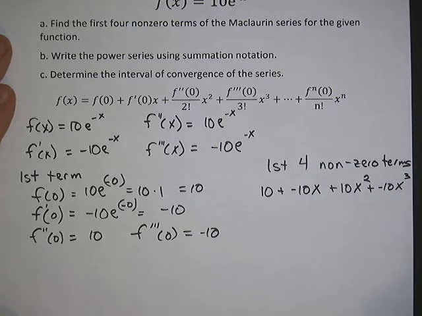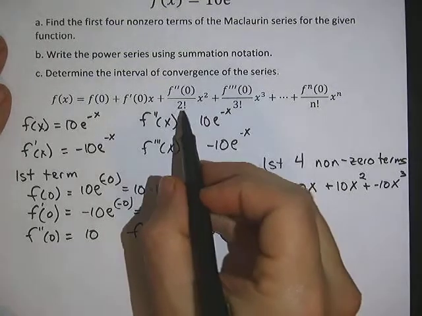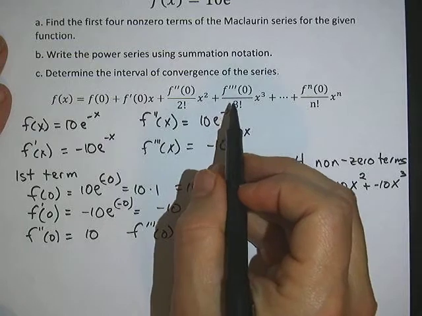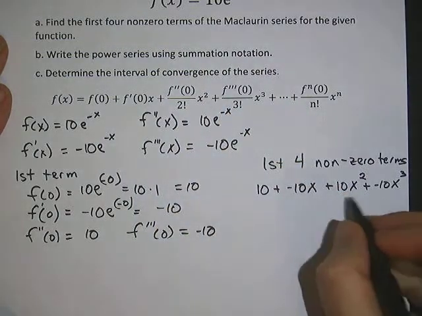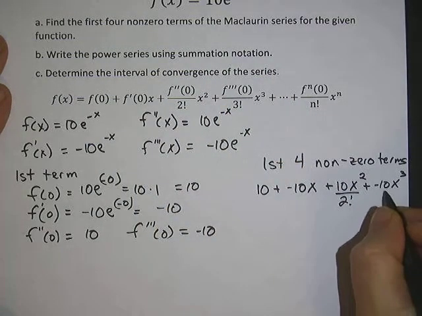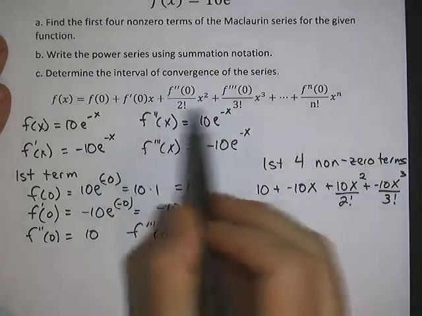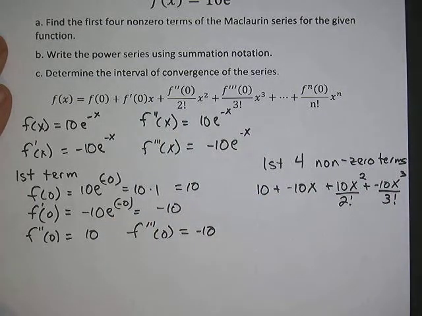And whoops, let's not forget our factorials. I did forget the factorials. The third term is going to be divided by 2 factorial, and the fourth term would be divided by 3 factorial, just so we can keep with the actual formula here. Okay, so those are our first four terms.